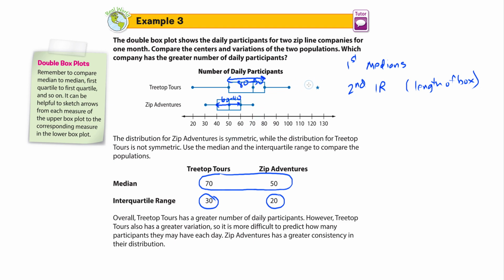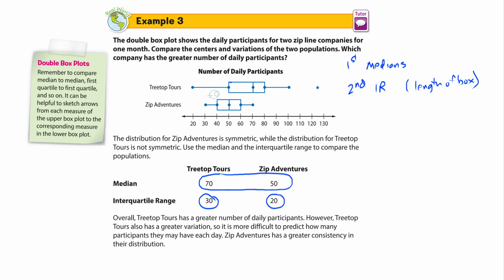We can also see there's an outlier. So from the perspective of choosing where to go, if I was going to go to one of these, I don't want to have to wait. And I'd like to have more of an idea of how busy it's going to be.